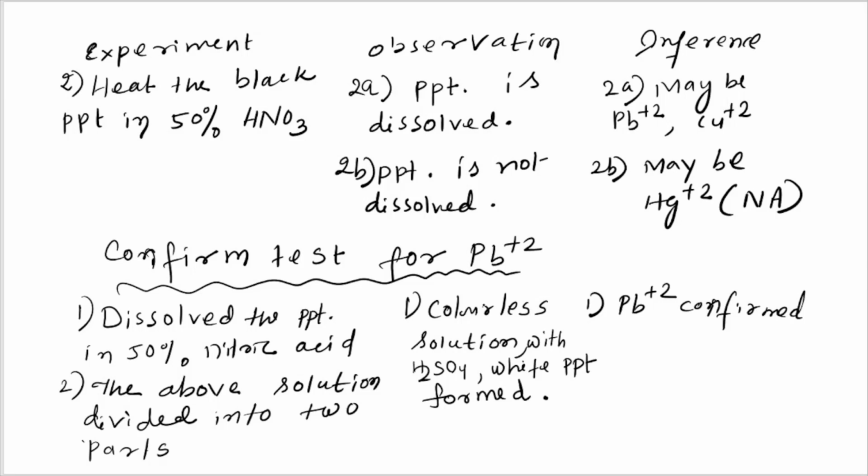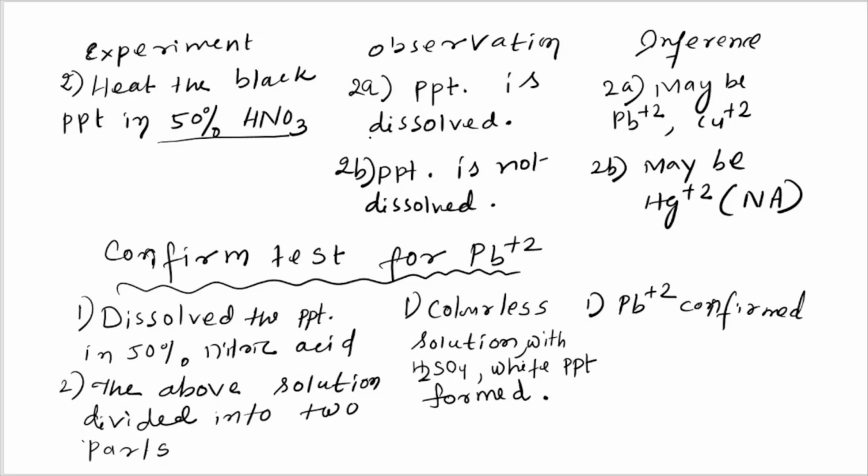Now I told you lead and copper give a black precipitate. That means here you take the black precipitate with 50% nitric acid and heat it. You observe that immediately the precipitate dissolves. Which precipitate? The black precipitate dissolves.